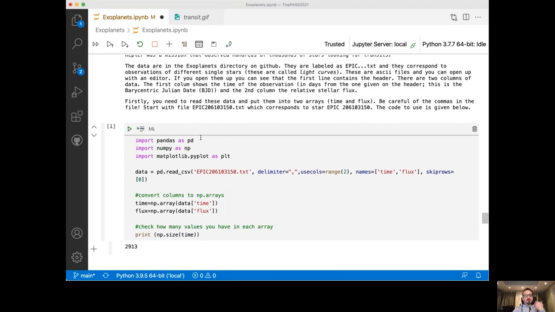So what you will do is import this data. This data has information about the relative flux, the relative brightness of its star with time. Because it's a bit strange file, I have here what you can use to import the data and the modules that are needed.